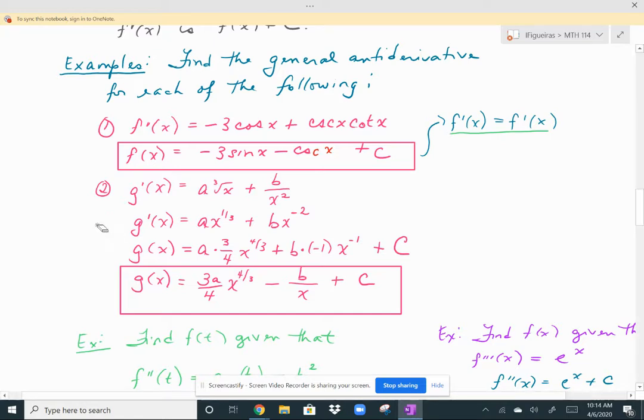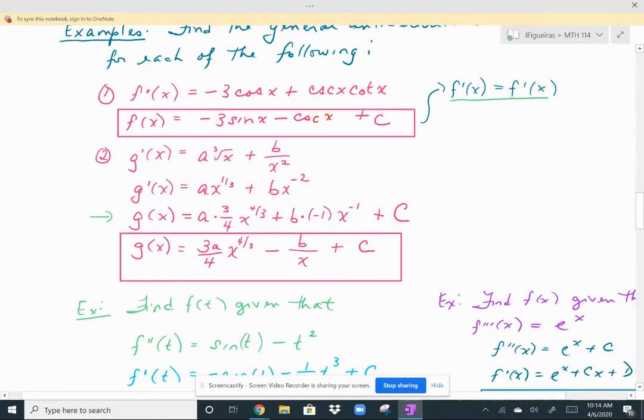We are ready to take the antiderivative. So that's here, and that's why we call it g of x instead of g prime. So you add 1 to the exponent, so 1 plus 1/3 is 4/3, then multiply by the reciprocal, which is 3/4. And a is a coefficient, so that just comes along with the antiderivative and gets multiplied by it. We do the same thing here, add 1 to -2, which gives you -1.